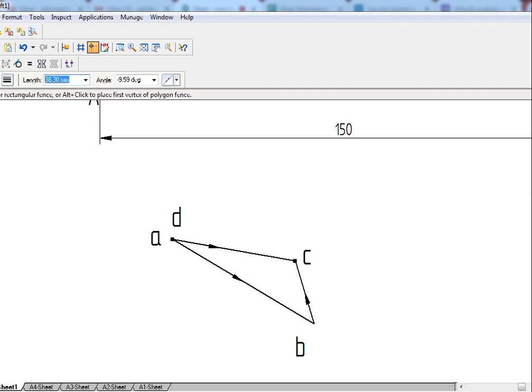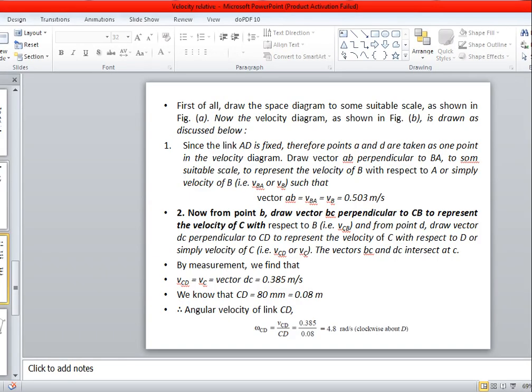So this I got 38.3, and this BC I got something around 0.19. Okay. So this is 38.3. Next, this is 0.383. Now if I go and see the answer, I got 0.385 as the answer by measurement.